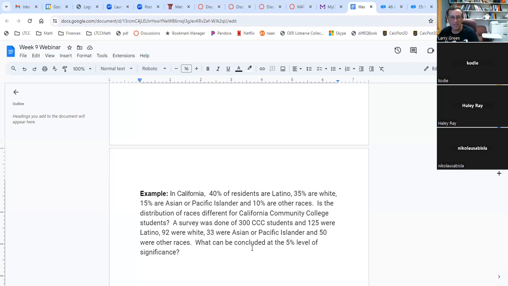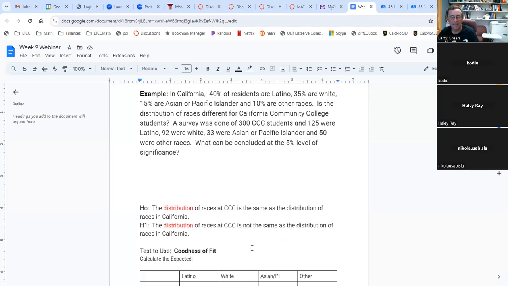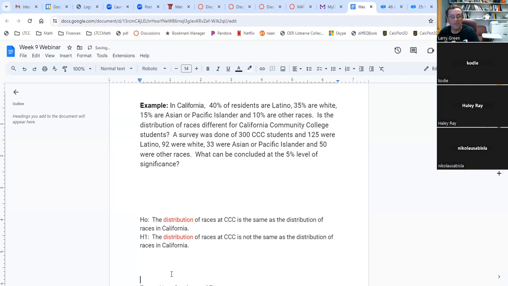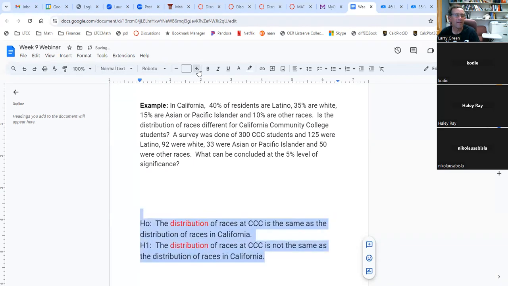So let me show you what they are in this case. H naught, let me make this bigger so you can see it better, in this case is: the distribution of races at California community colleges is the same as the distribution of races in California.